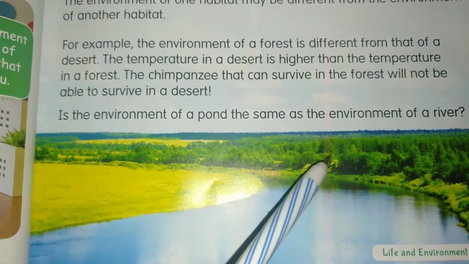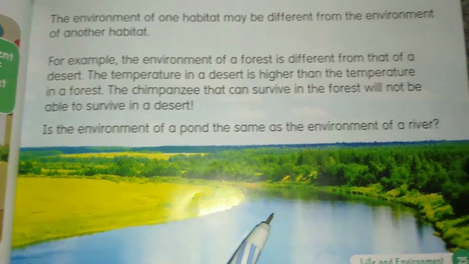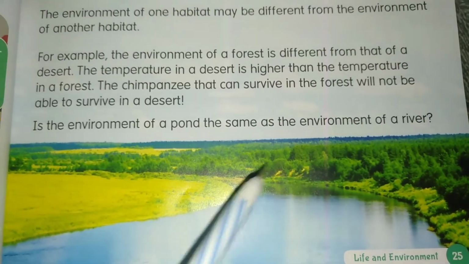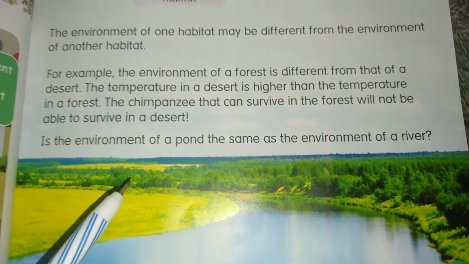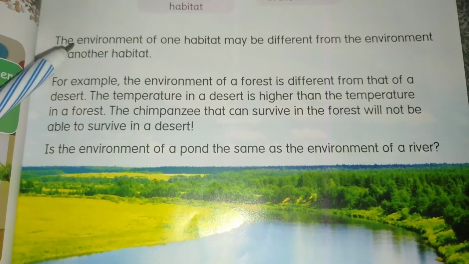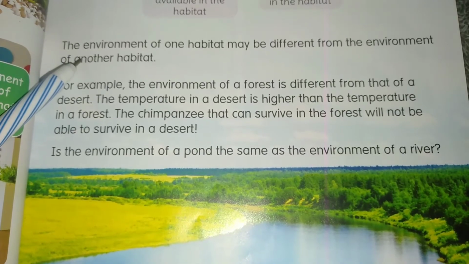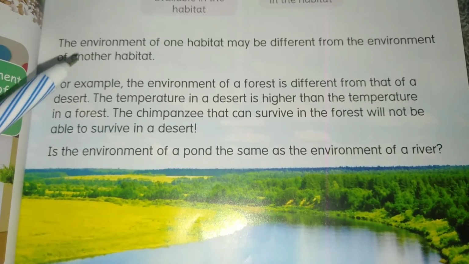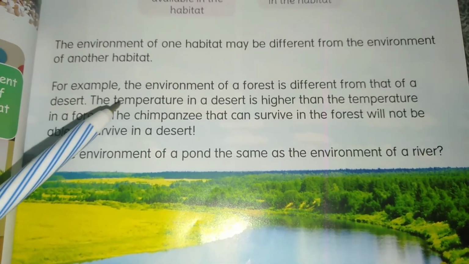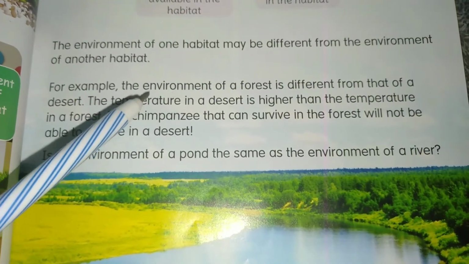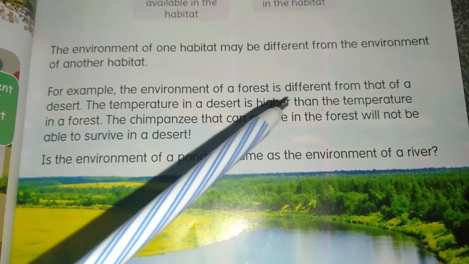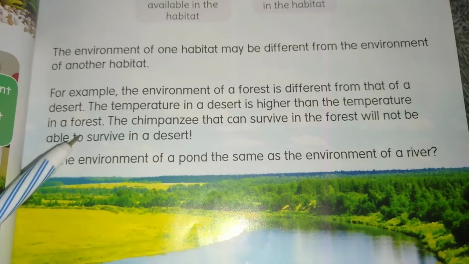You can see the picture here. There's water, there are plants, the trees, and the meadow. So the environment of one habitat may differ from the environment of another habitat. For example, the environment of a forest is different from that of a desert. Why?